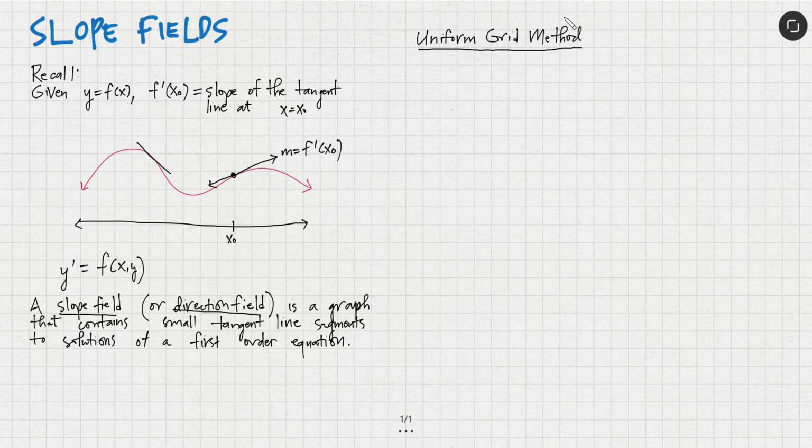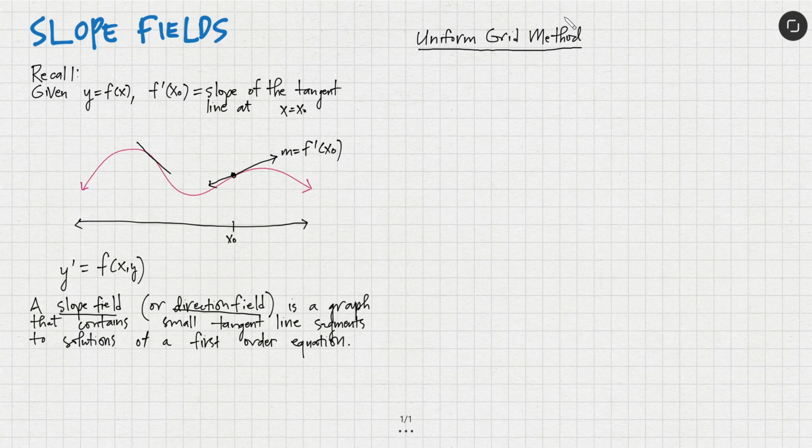Itong method na to, this is actually not widely used, like an official name for the method. So tatawagan natin siyang uniform grid method because it involves drawing tangent lines on a uniform grid. So in this method, you will be given a specific region of the Cartesian plane.